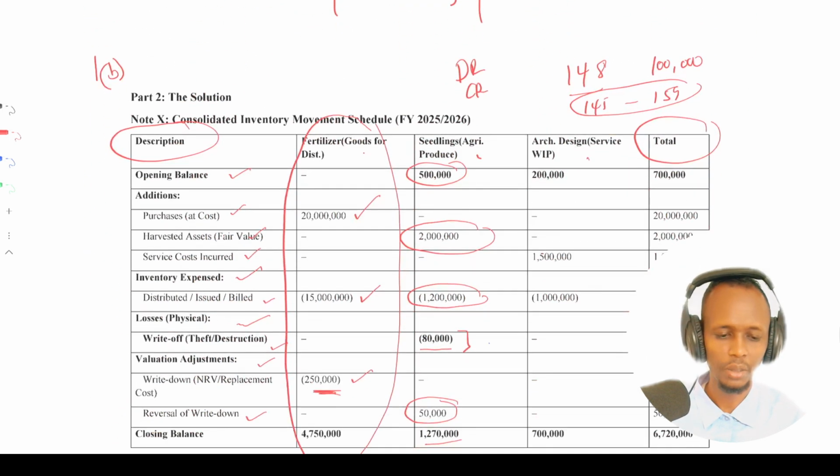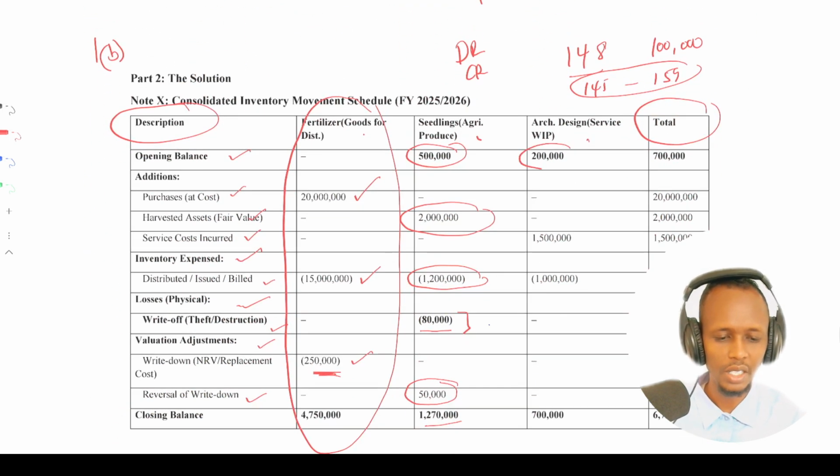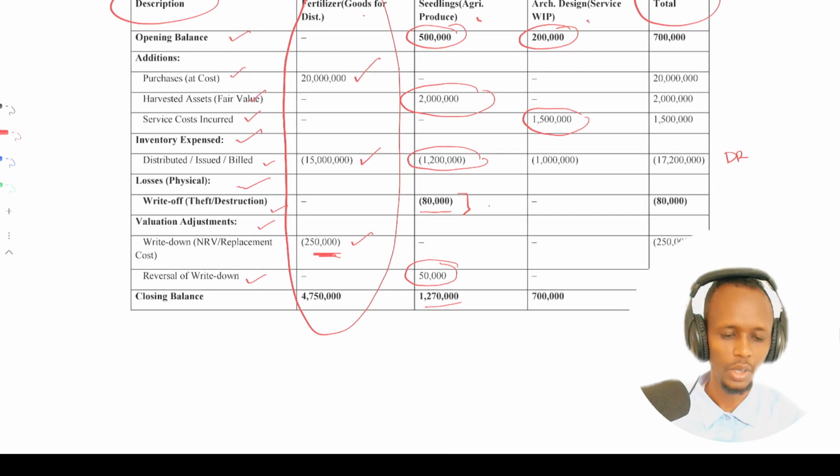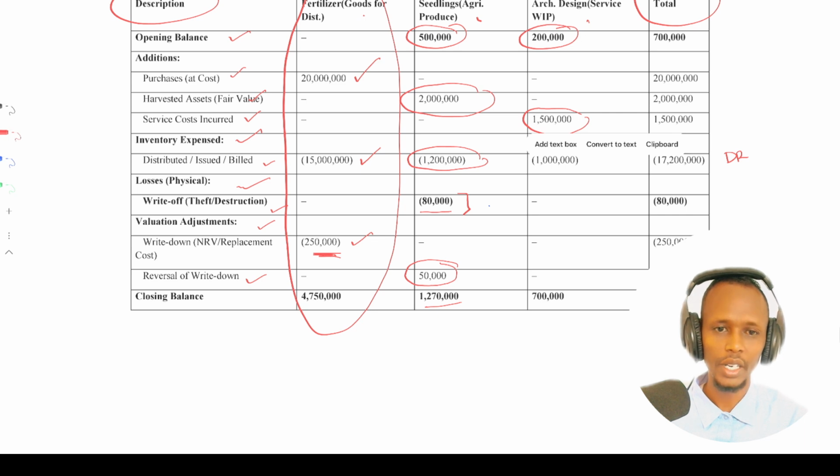So how do you do it? The opening balance is the 200,000. The addition is the cost incurred during the year. And then what you billed, the 1 million you invoiced the entity, is the minus, because when you bill, you reduce your inventory and recognize a revenue.